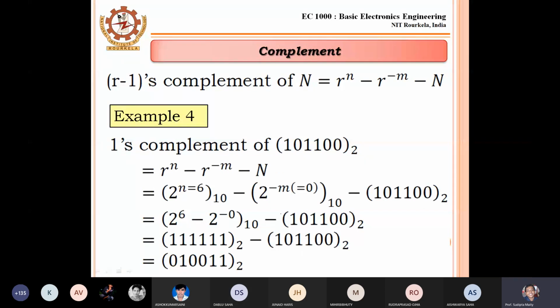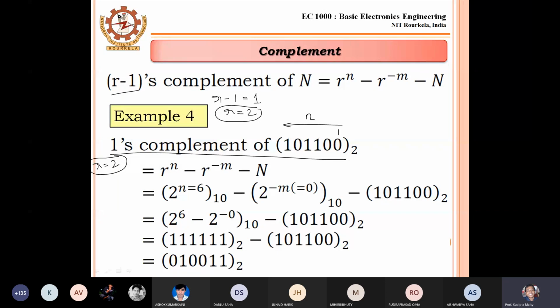Fourth example. Here the problem is that I have to find the 1's complement, so r minus 1 should be 1. So r minus 1 equals 1, so r equals 2. So my base is 2. Is it clear? Now we do not have any fractional part, so all digits should be counted under small n.